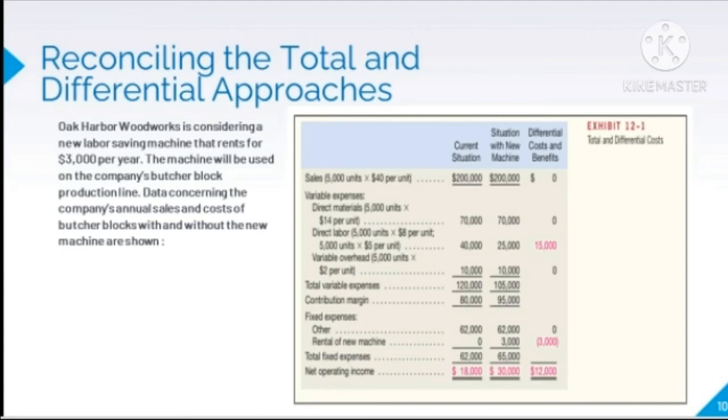Thus, because the difference in net operating income equals the sum of the differences for the individual items, any cost or benefit that is the same for both alternatives will have no impact on which alternative is preferred. This is the reason that costs and benefits that do not differ between alternatives are irrelevant and can be ignored. If we properly account for them, they will cancel out when we compare the alternatives.